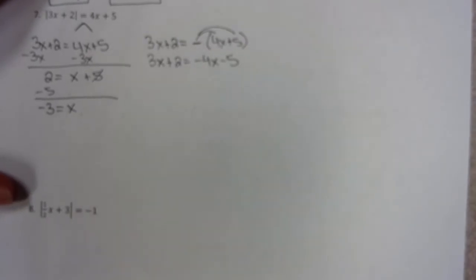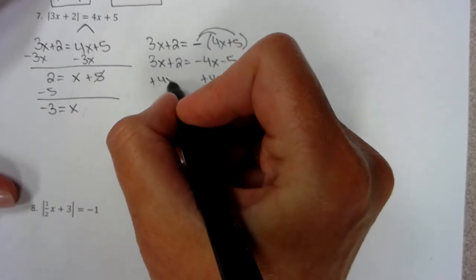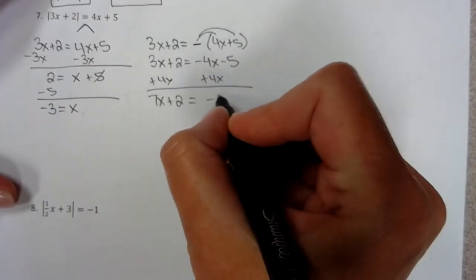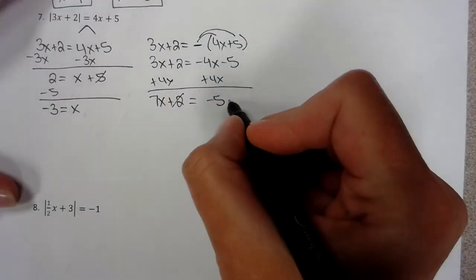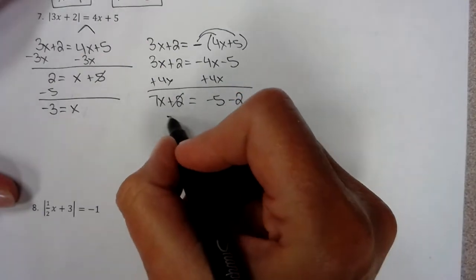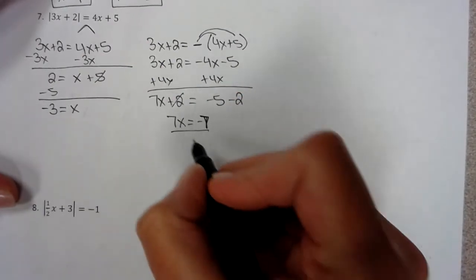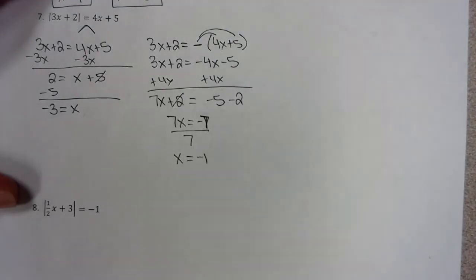Now let's solve for x. So I'm going to add 4x to both sides. I'm going to subtract the 2 over to the other side. That's a 7. I'm going to divide, and x equals negative 1.